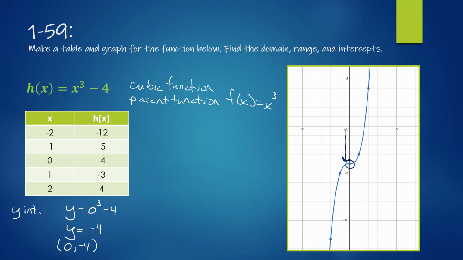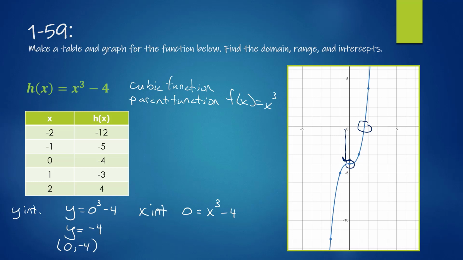That's our y-intercept. The x-intercept is a little different. We're going to set y equal to 0, because y will be 0 on an x-intercept.